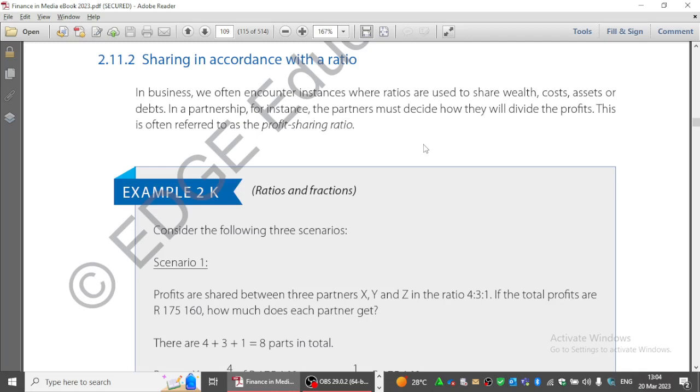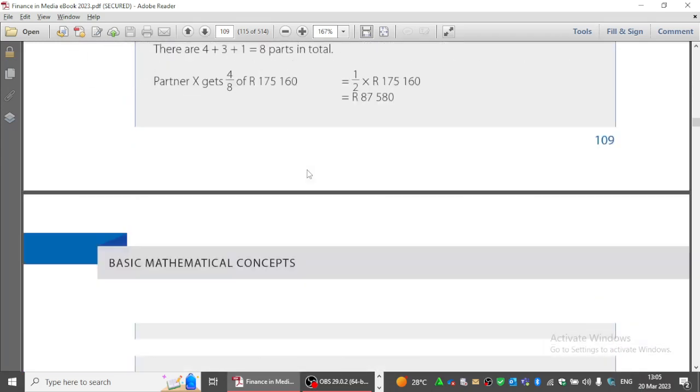When we calculate the ratio, we convert it to a fraction, which ends up being 30,000 out of 100,000, which can be simplified to 30 over 100, which means that this person will be sharing 30% of the profit and the other one will be sharing 70% of the profit. So that's working with ratios, from ratio to fraction, from fraction to percentage. These are the links between all of those concepts.